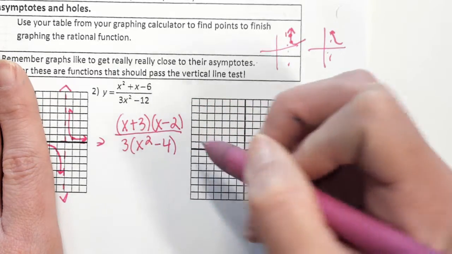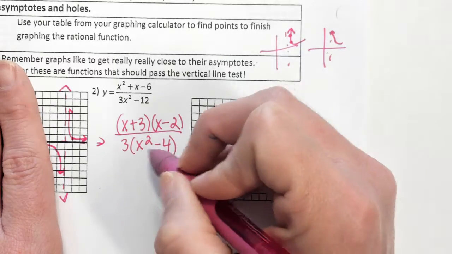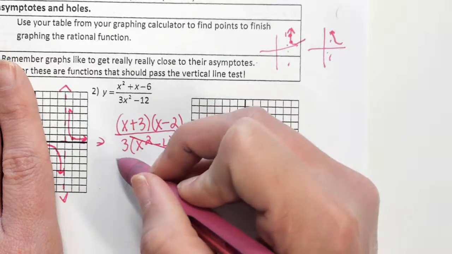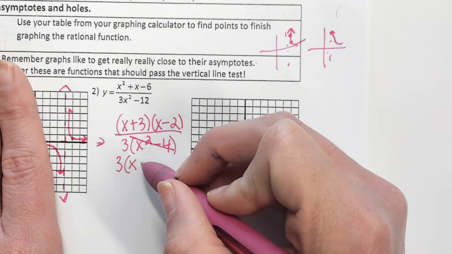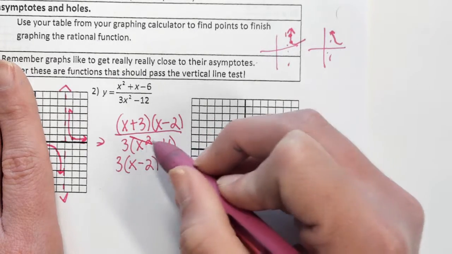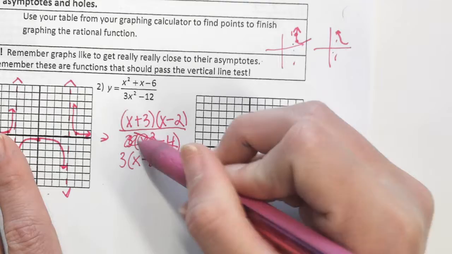Am I done factoring? Nope. Rihanna, what can I do with this x squared minus 4? X minus 2 and x plus 4. Good. Because you used what there to factor this? Difference of squares. Yes. Everybody see that? Okay. We'll mark this out.